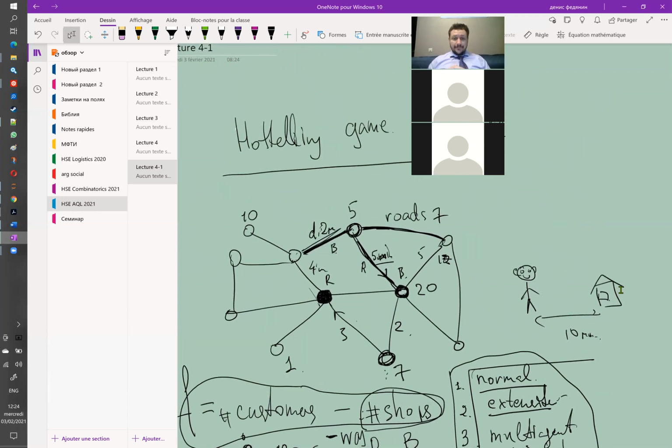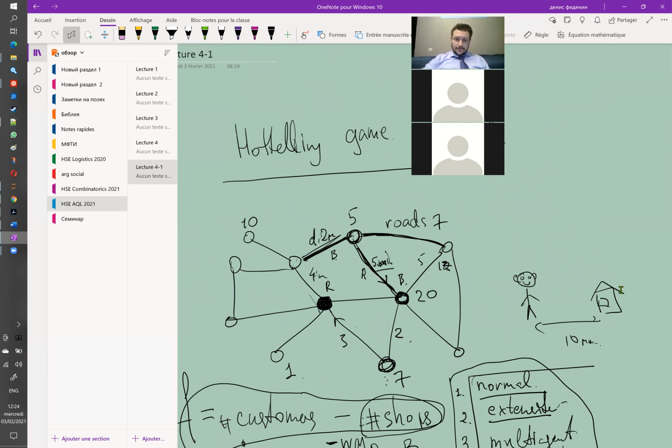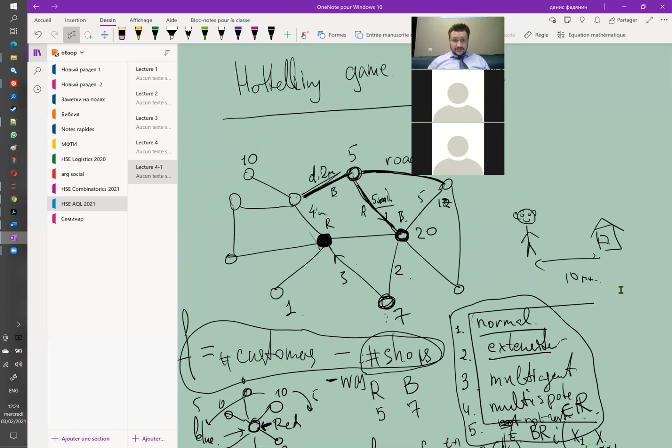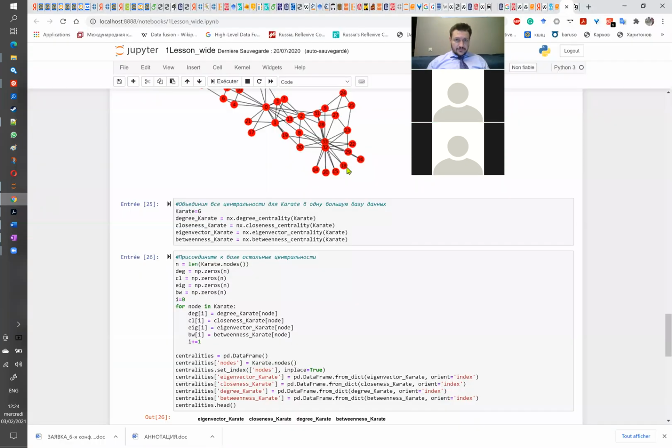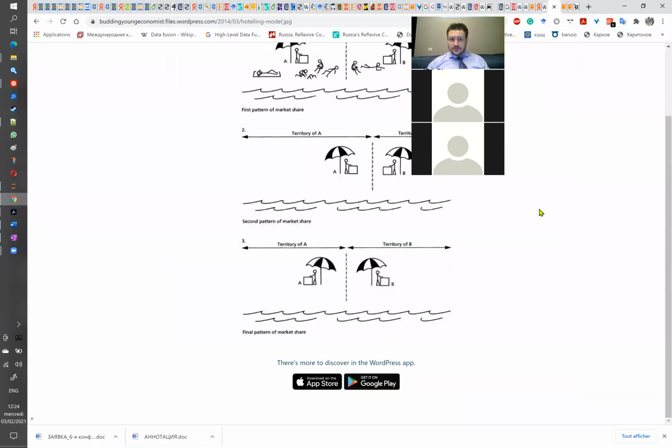Okay. And now in these 5 minutes I would like to recall the basic ideas of our lecture today. We have discussed the Hotelling game. The Hotelling game is sometimes about ice creams on the beach, as I have told. I will show you the picture here.